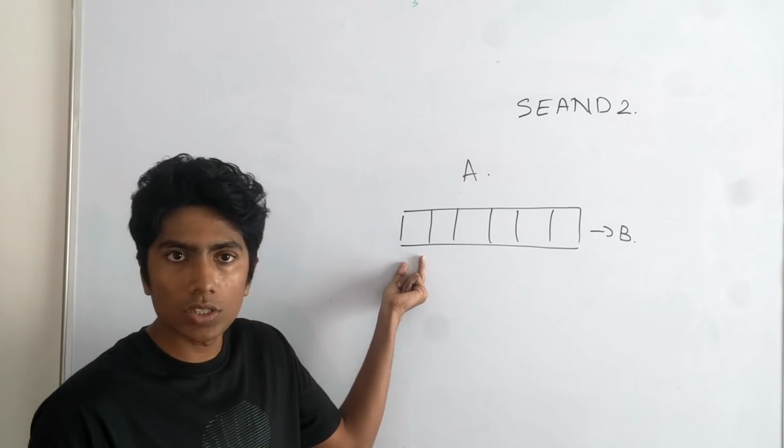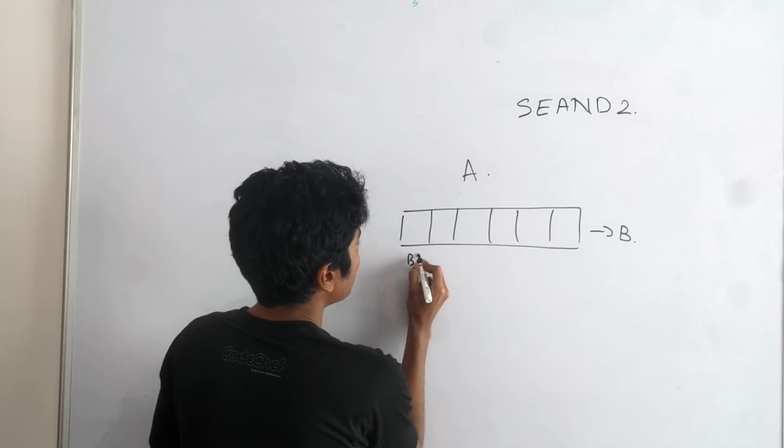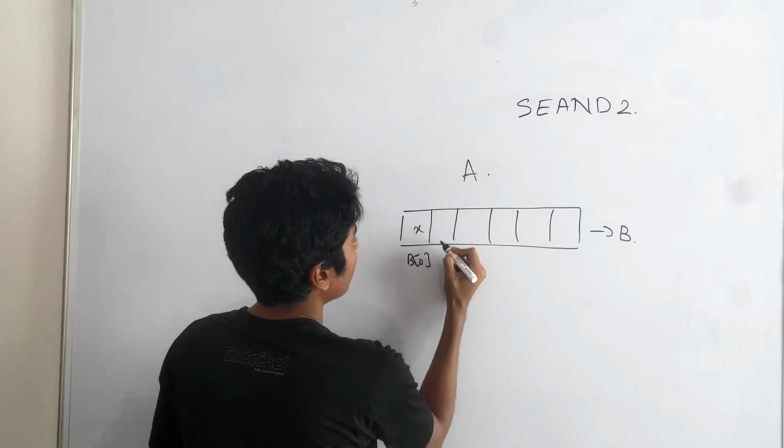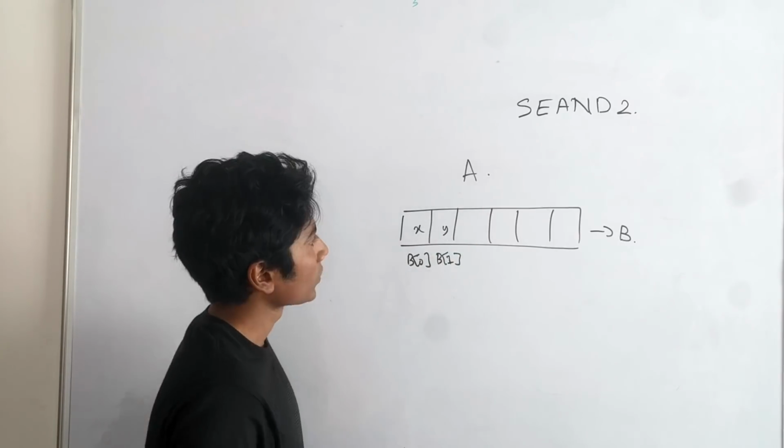B has, of course, integers in each of these positions. So B of 0 is some number x, B of 1 is some number y, and so on and so forth.